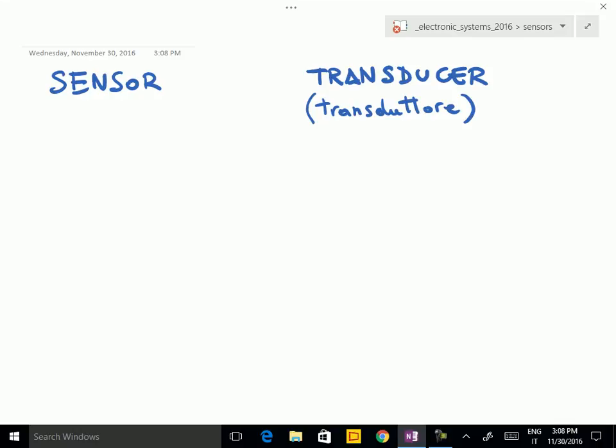A transducer is, let us call it again, a device. A device is a very small system which has a function. Also device is a very generic word, but it is a device which transforms the information from one form of energy to another.